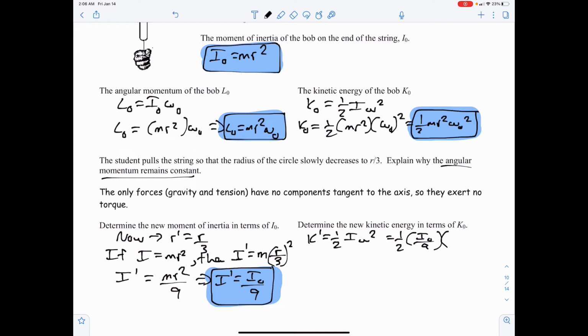Well, this is how conservation of angular momentum works. If the angular momentum remains constant, that means L initial equals L final, or I omega equals I omega. So if the radius drops by 3, then the rotational inertia drops by 9. Okay, that means omega increased by 9.